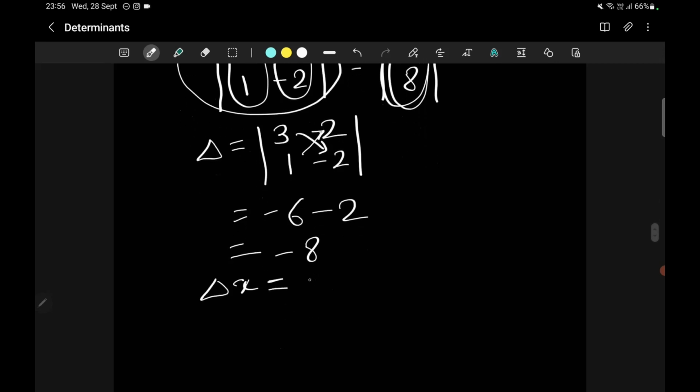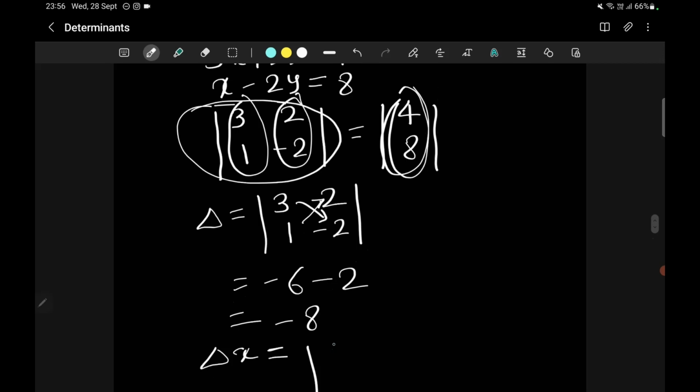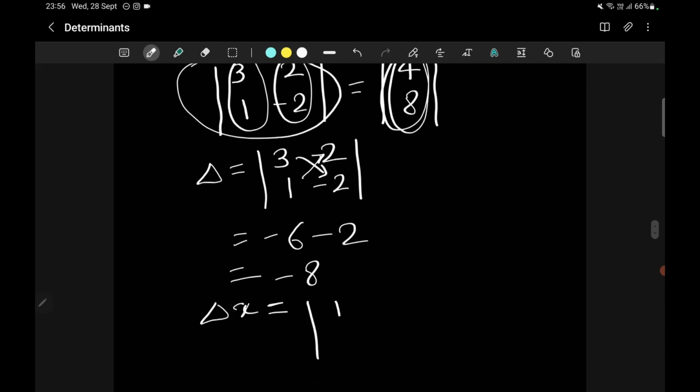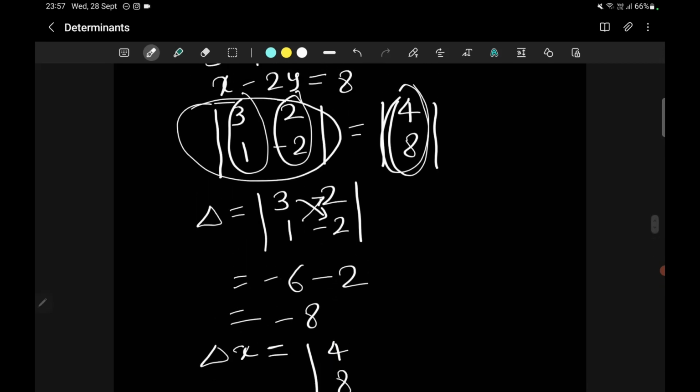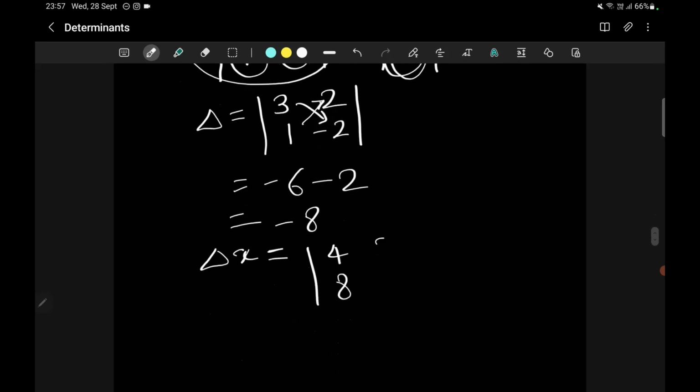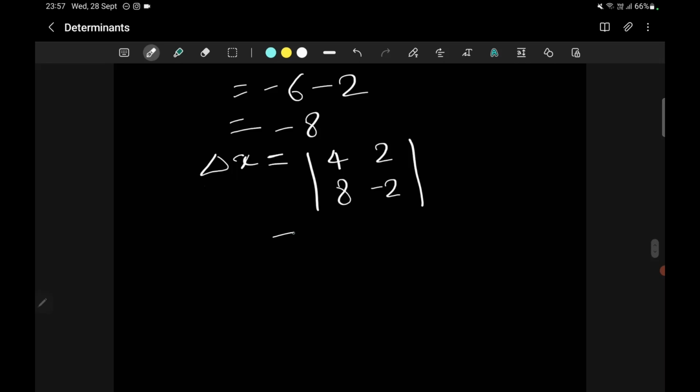So let's write it once again. In place of 3 and 1 we'll write 4, 8, 2 and minus 2 as it is. 4 into minus 2 is minus 8, minus 16. This will be minus 24.